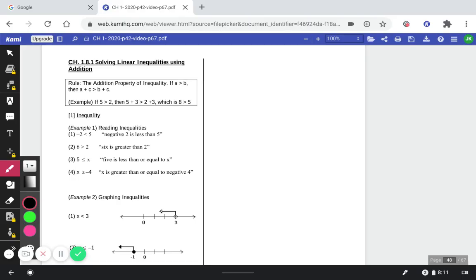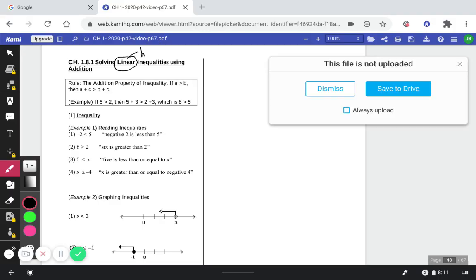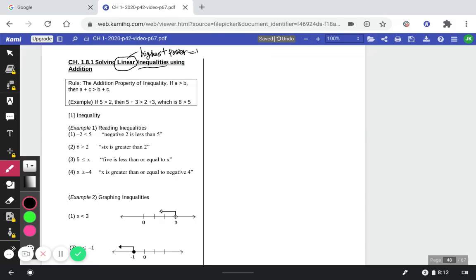Now, linear means the highest power is one. Inequality means not equal.